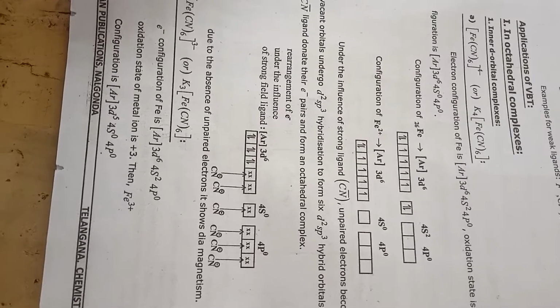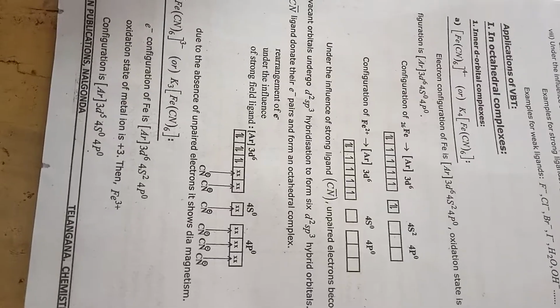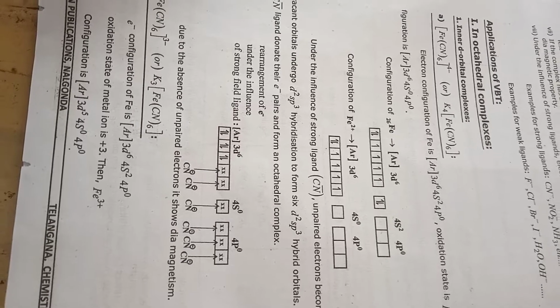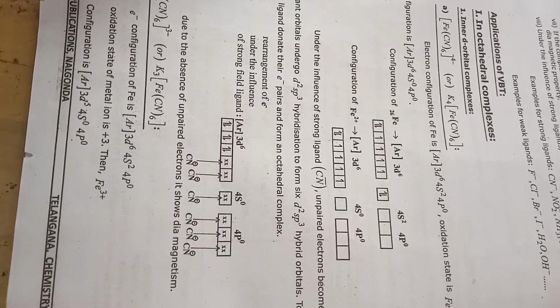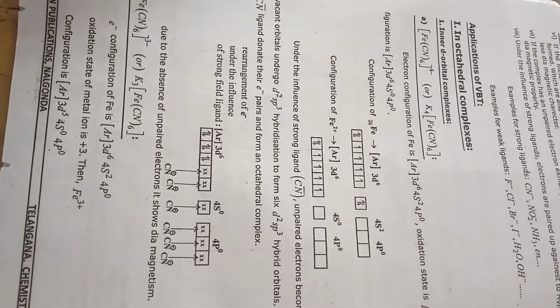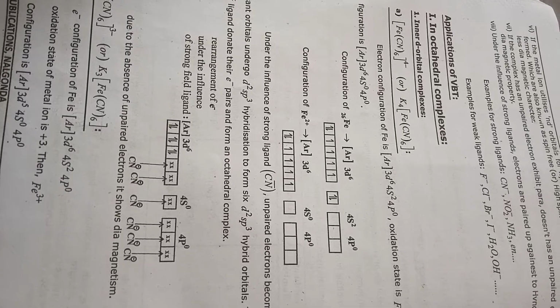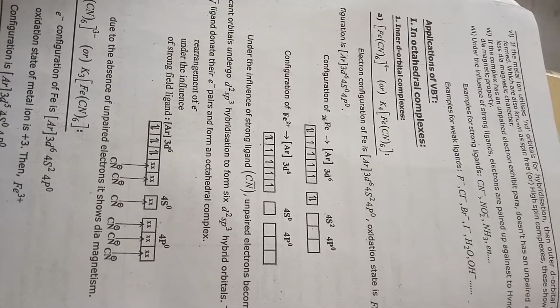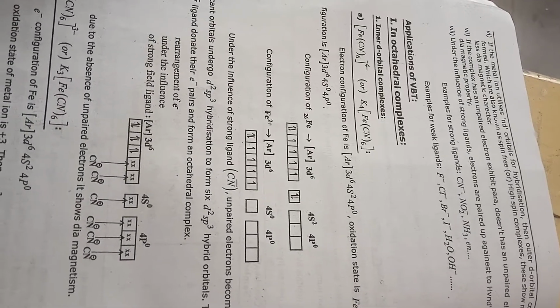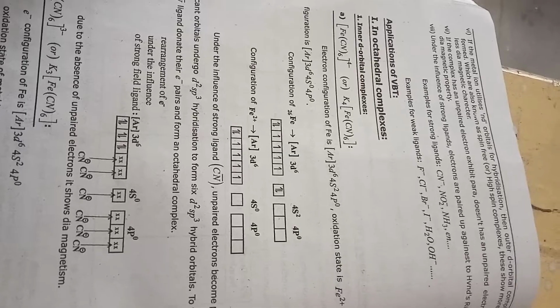For example, hexacyanoferrate(II) ion. We write [Fe(CN)6]4-, or otherwise K4[Fe(CN)6]. Because here we take [Fe(CN)6]4-, the 4 minus gives the iron valency, which is 2. That's why we write hexacyanoferrate(II) ion, or otherwise neutral complexes also exist.